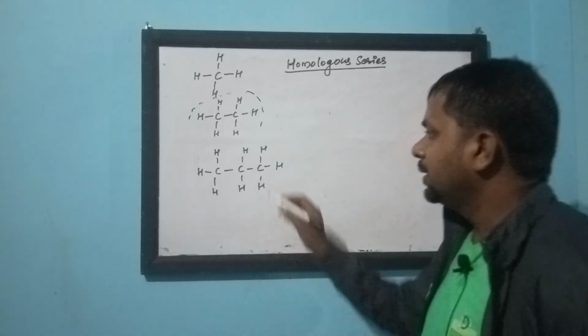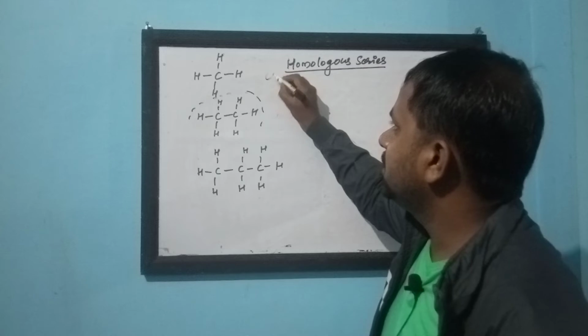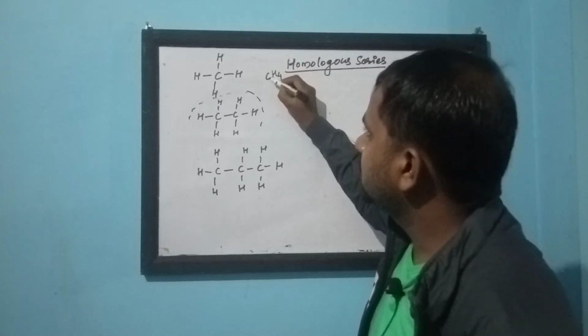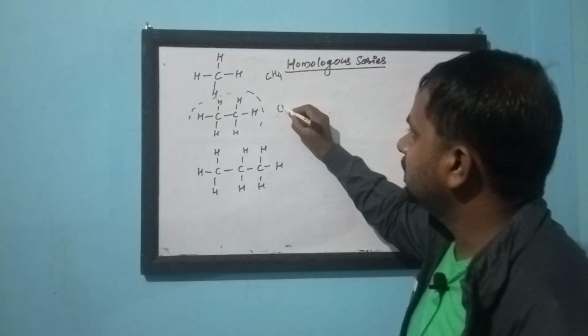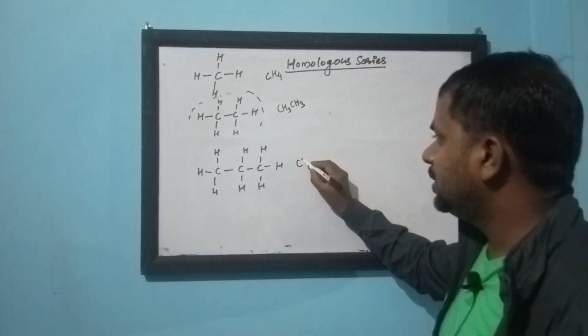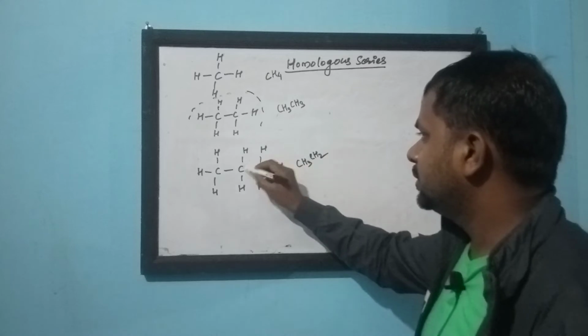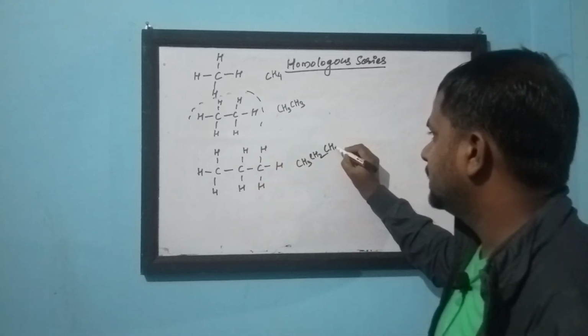Then its condensed formula can be written like this. The condensed formula will be CH4. Its condensed formula is CH3, CH3. Its condensed formula will be CH3, CH2 and CH3.